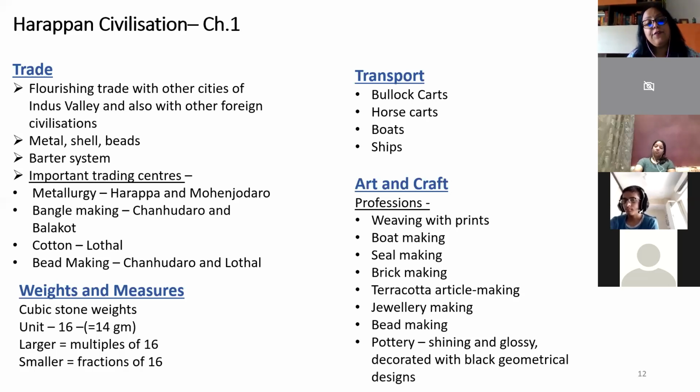And if you wanted smaller weights, then they were fractions of 16: 16, 8, 4, 2, like that. So they had stones of different sizes, starting from 2 and going on. That way they had weights and measures, which were actually stone cubes.